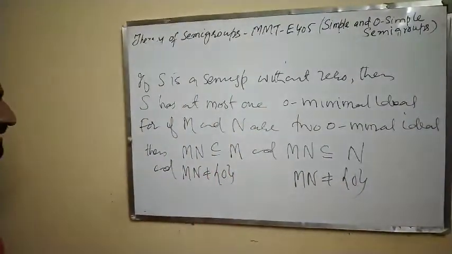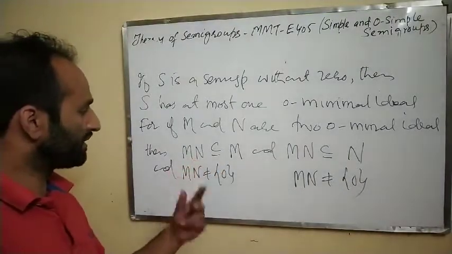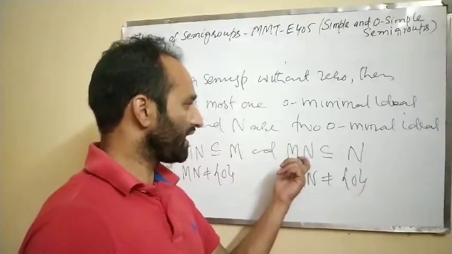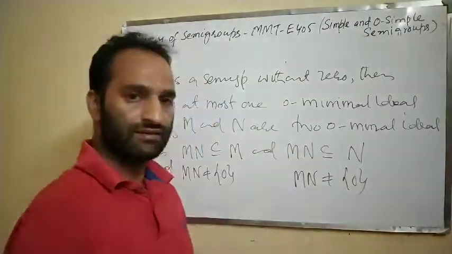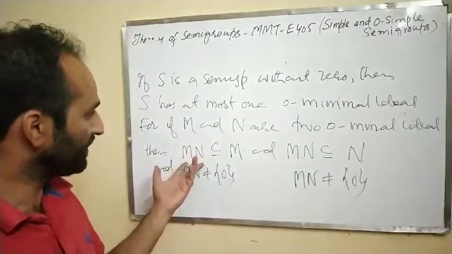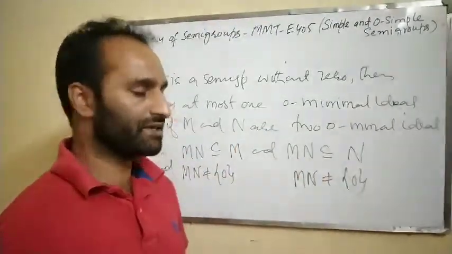So that means M contains a non-zero ideal MN, because MN is itself an ideal, and N contains the non-zero ideal MN. Both are ideals, and they are contained in M and N respectively.